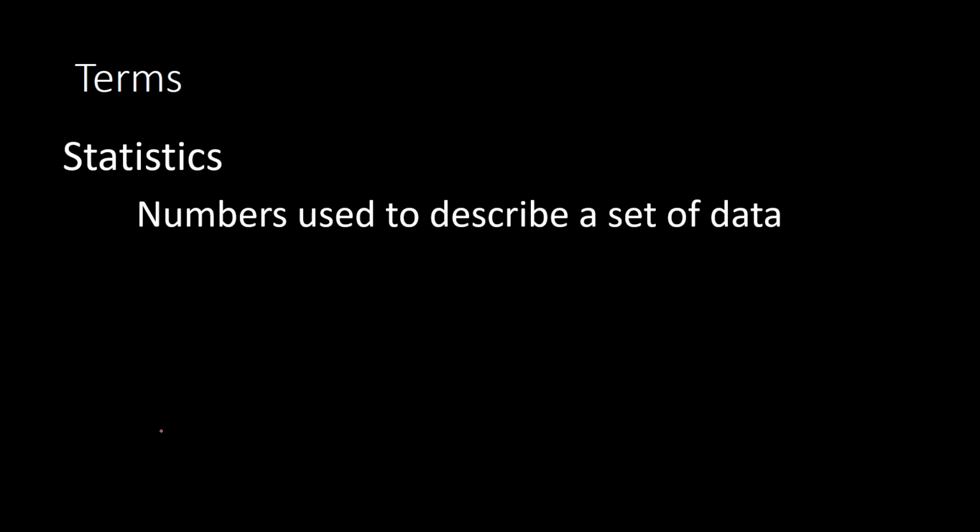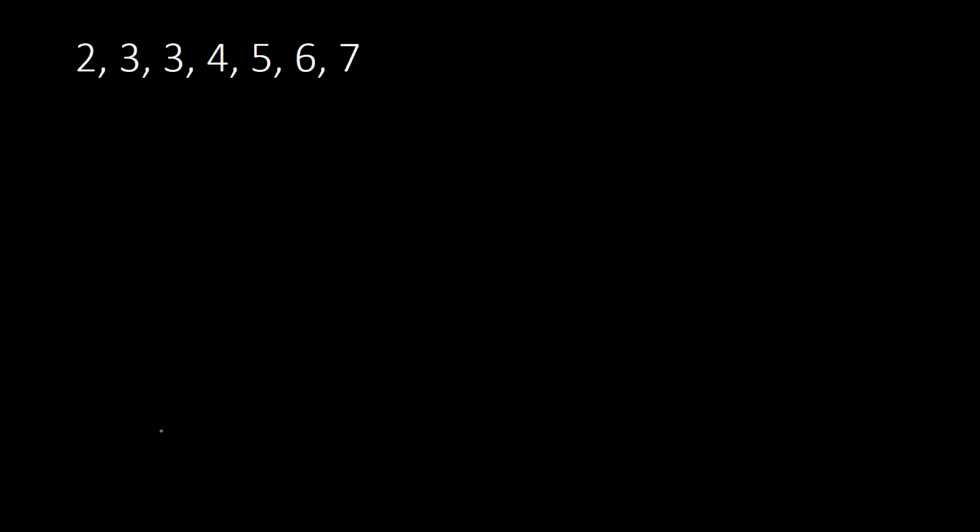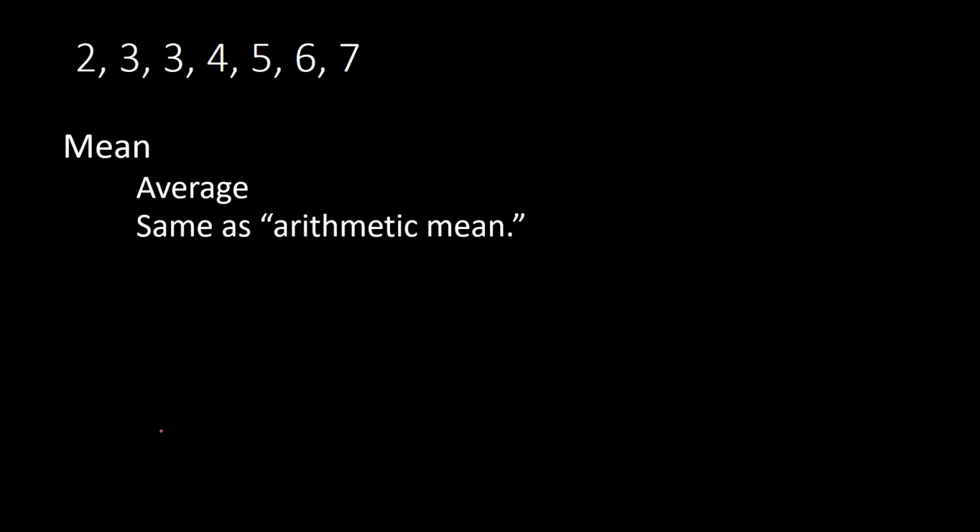The first one, if you have a list of numbers, we can find what is called the mean. The mean is another word for average, or it can also be called the arithmetic mean. Now to find the average, or the mean, I add up each of these numbers, so 2 plus 3 plus 3 plus 4 plus 5 plus 6 plus 7, and then I divide by the total number of numbers that we are adding.